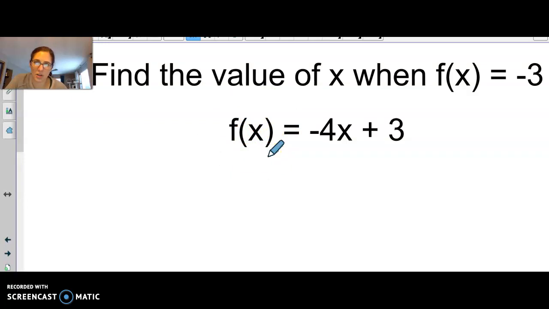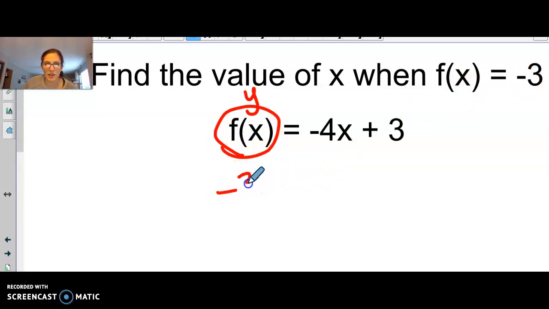Remember I just told you: when the number's on the outside here, you're going to plug it in place of F of X. So this whole thing right here is going to get kicked out, and I'm going to put -3 in its spot because this is really the same thing as Y.